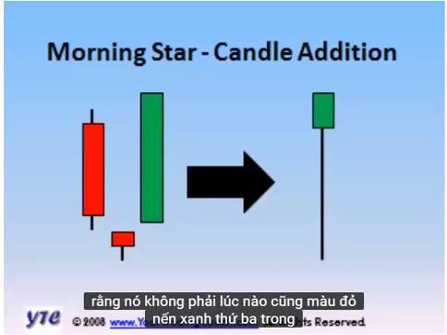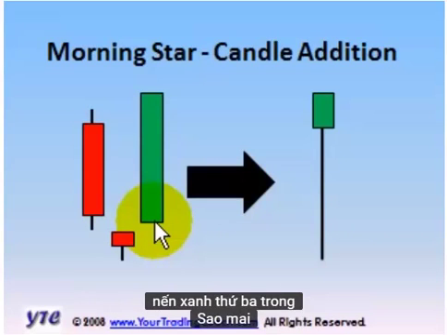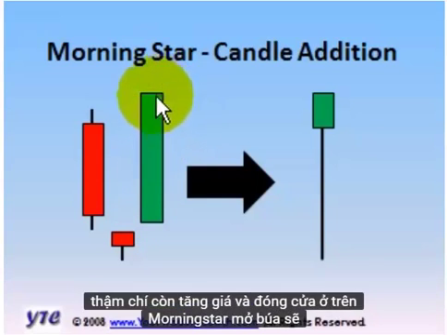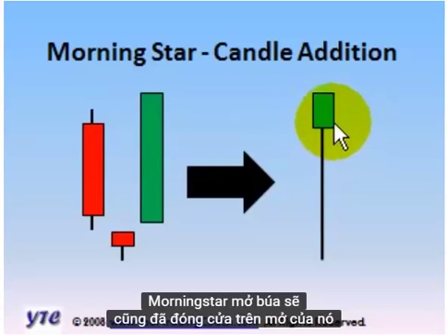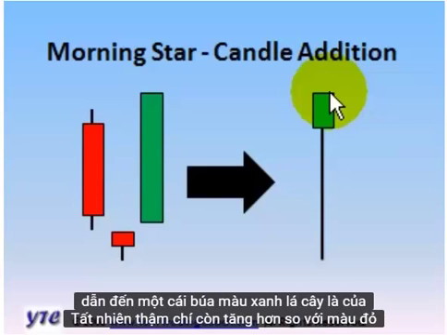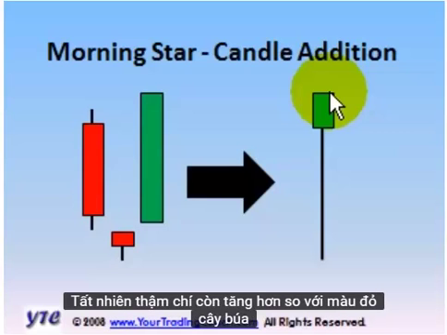Had this green candle, the third one in the morning star, been even more bullish and closed above the morning star open, the hammer would have also closed above its open, resulting in a green hammer, which is of course even more bullish than the red hammer.